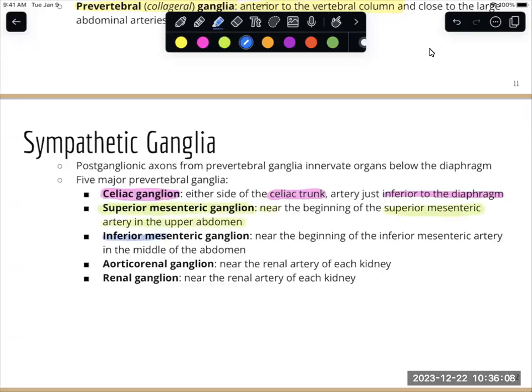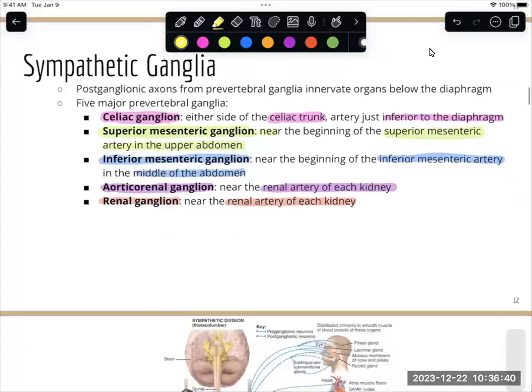We have an inferior mesenteric ganglia. It is by that inferior mesenteric artery. That's at the middle area. And then we have this aorticorenal ganglia. It's by that renal artery. And then we also have renal ganglia. So it's by that renal artery as well. So we've got a lot of different ganglia scattered throughout.